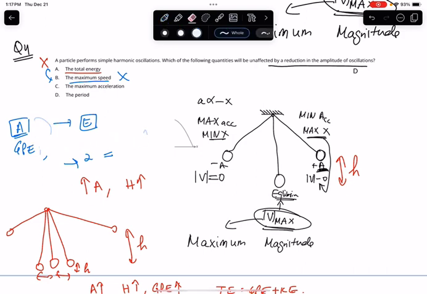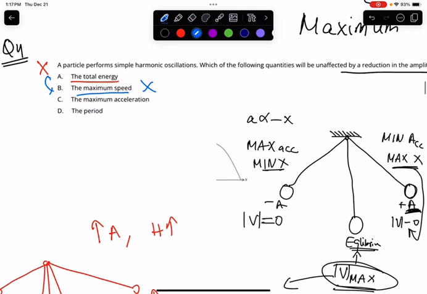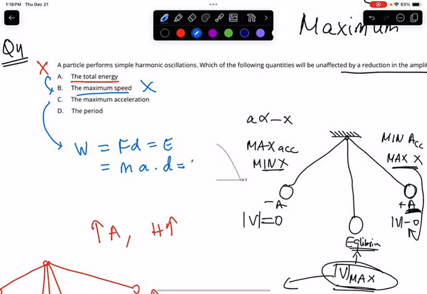Okay? Now, the other one is the idea of this maximum acceleration. So for this one, the way you can think about it is that we know that the work done is force times displacement, right? Which is also energy. And we know that the force is mass times acceleration, multiplied by displacement, which is the energy. Okay?